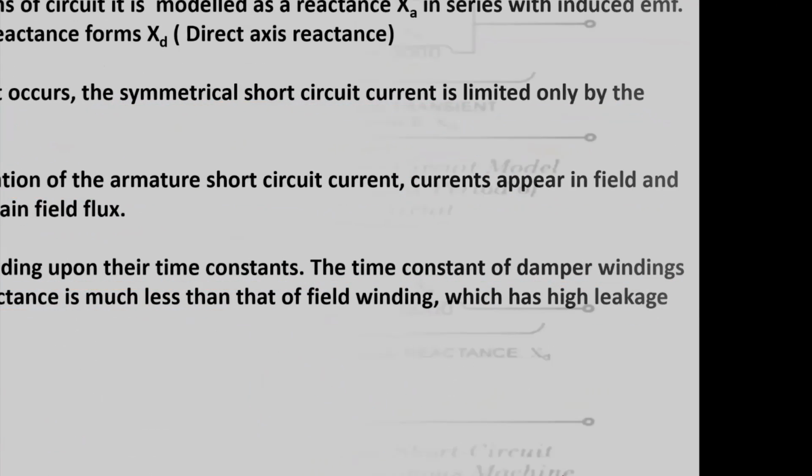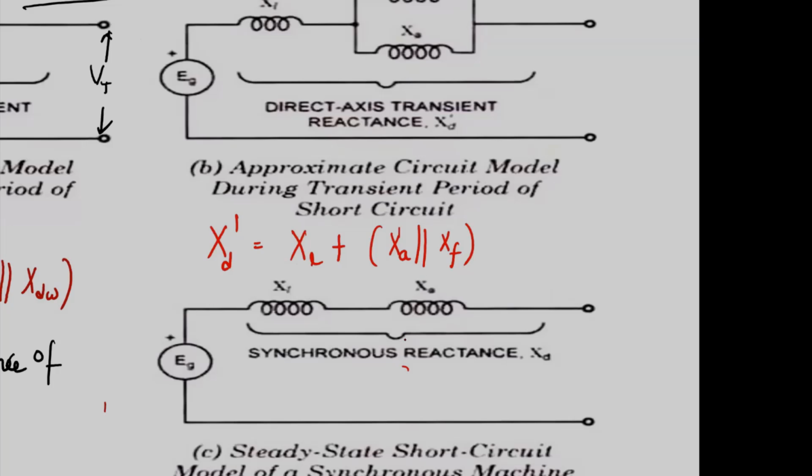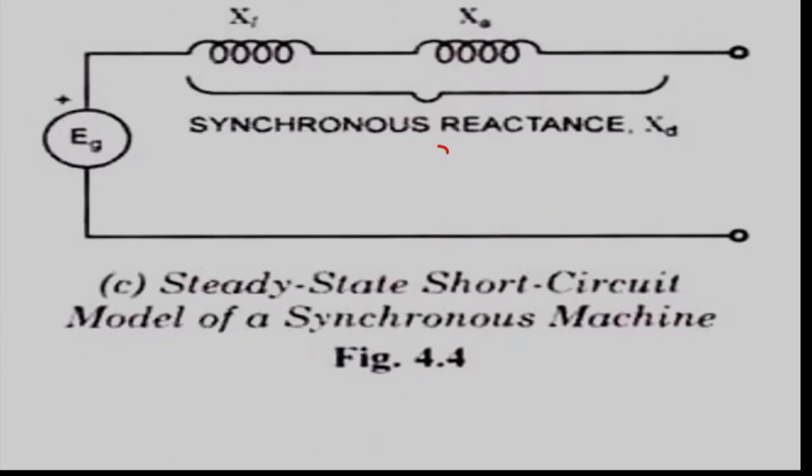So the synchronous machine circuit will again become the steady state, that is XL plus XA, the state before the fault. This is the steady state, where you write the direct axis reactance as armature reactance plus leakage reactance.